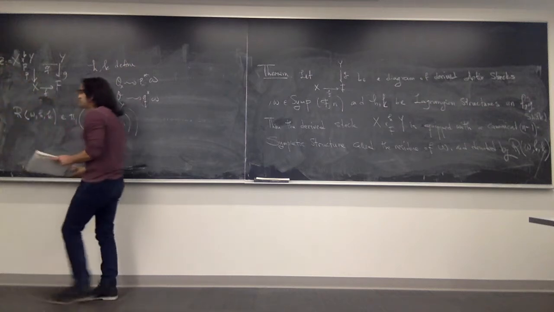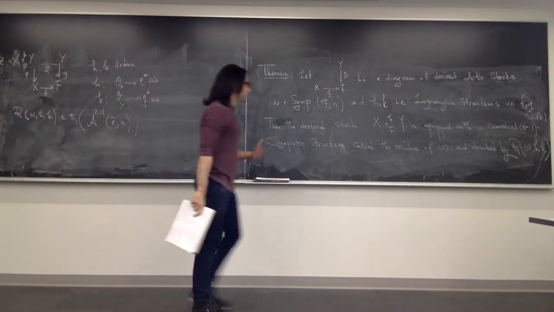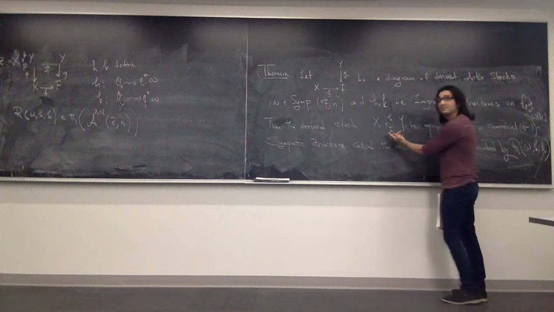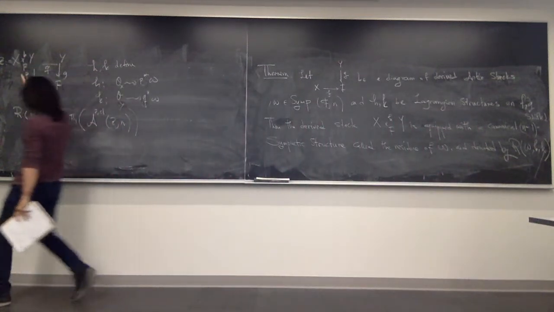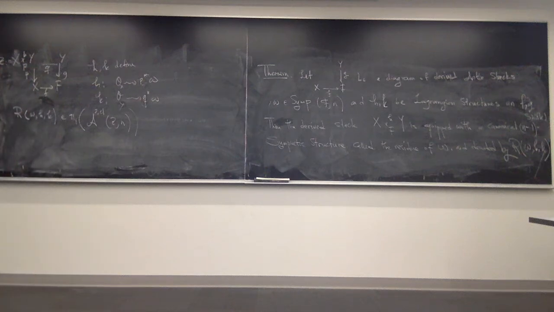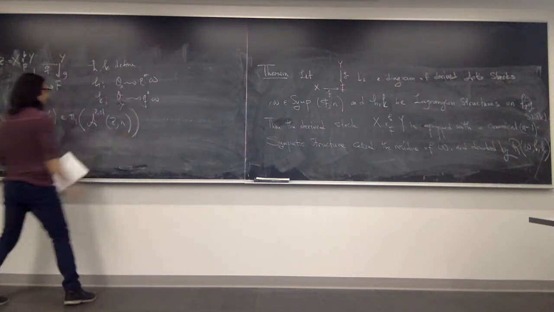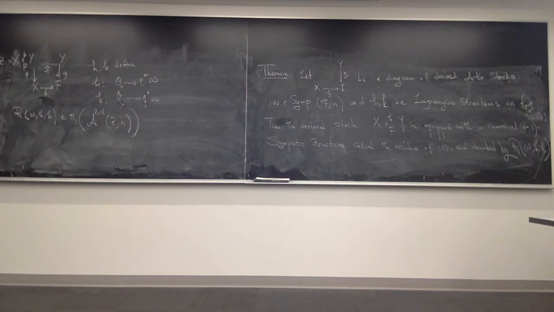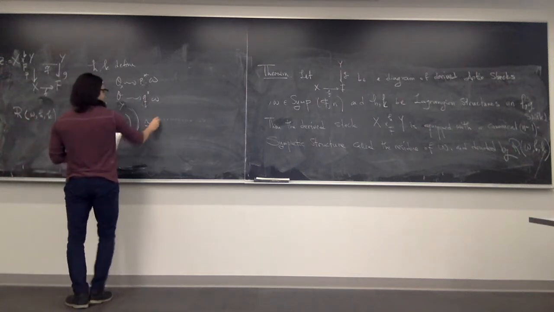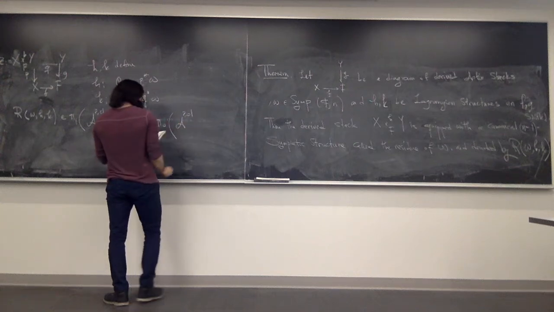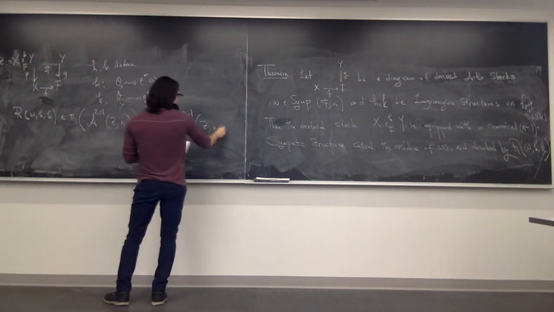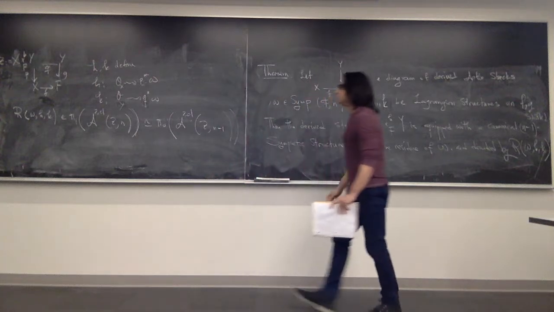I would like to define a shifted symplectic form or a structure on the fiber product. So I have the isotropic structures, but I would like to view them over here. So I call these maps P and Q, so now it's better. Okay. So this now gives me something inside here, which is the same as the connected component of the closed forms of Z shifted by n minus 1.